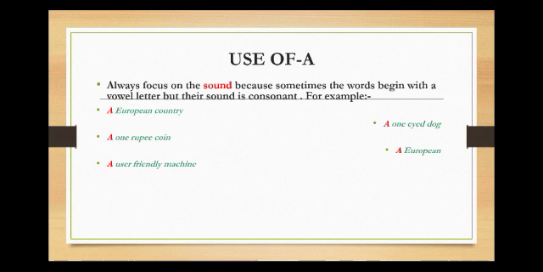That Y sound is coming. You must have also heard the sentence, the cow is a useful animal. So, a useful, because although its spelling starts with U, its sound is Y. That is why. A uniform shop, a university. I hope you will remember them because such words are always tested in the exams.